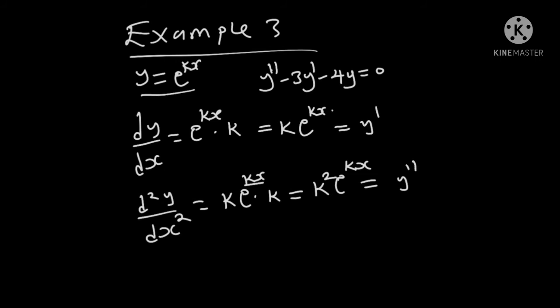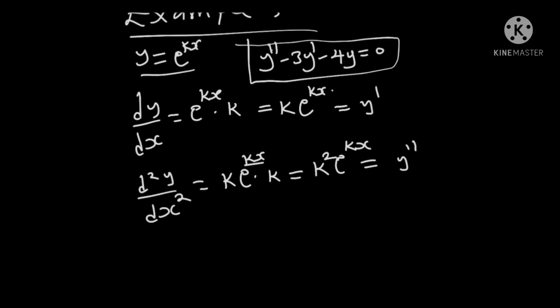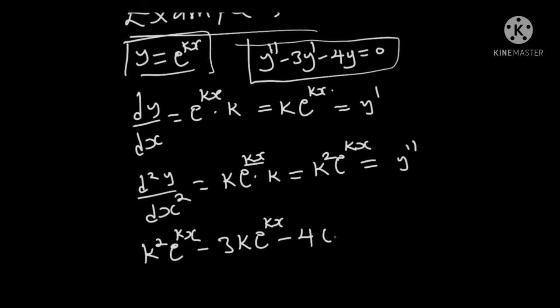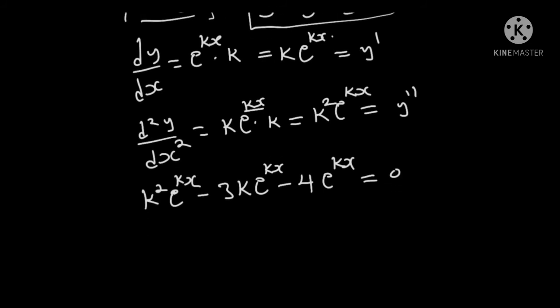Therefore, we can substitute them in our original differential equation. So we have k squared e^(kx) minus 3k e^(kx) minus 4y, where y is the original equation, e^(kx), equals 0.